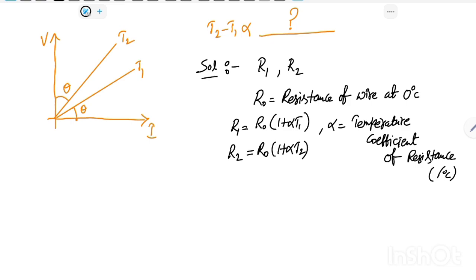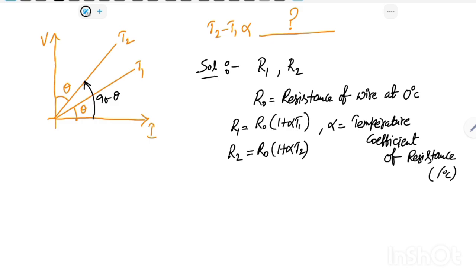Now, if you observe the figure, the slope of this resistance, meaning R2, if this is theta, what is this angle? 90 minus theta.